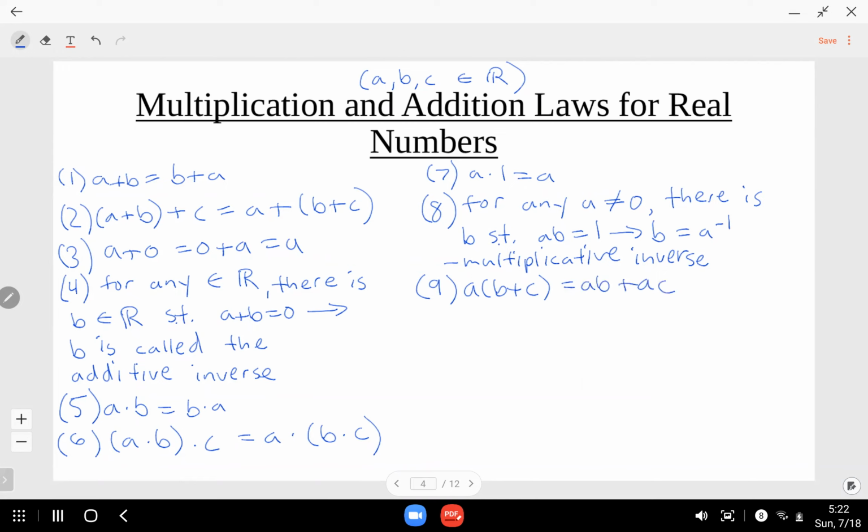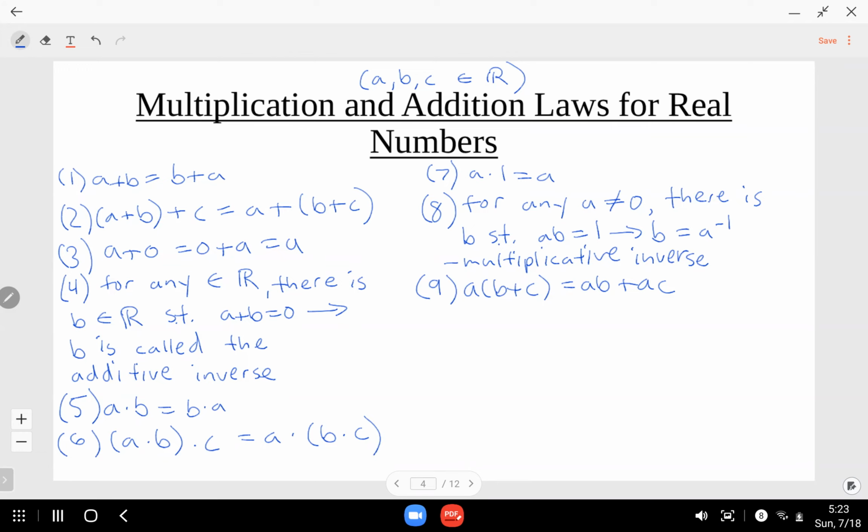So I would like you to take a moment and just take in all of this. Take notes about it. These laws are pretty important. If you do not feel like you need them, then simply don't take notes. I mean, these are just common sense.